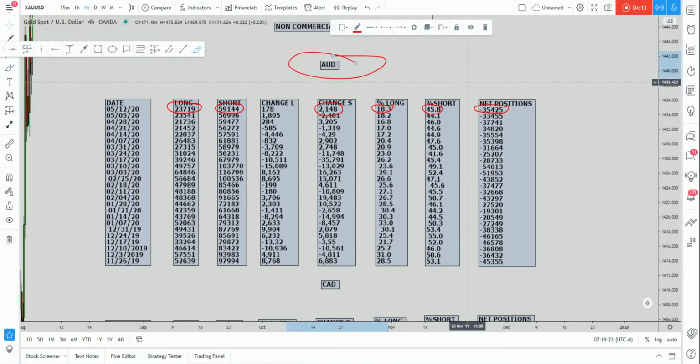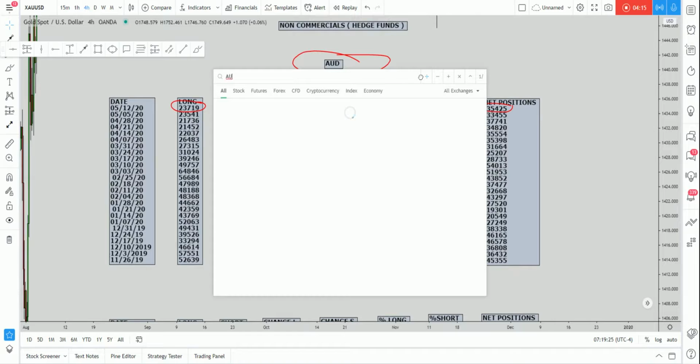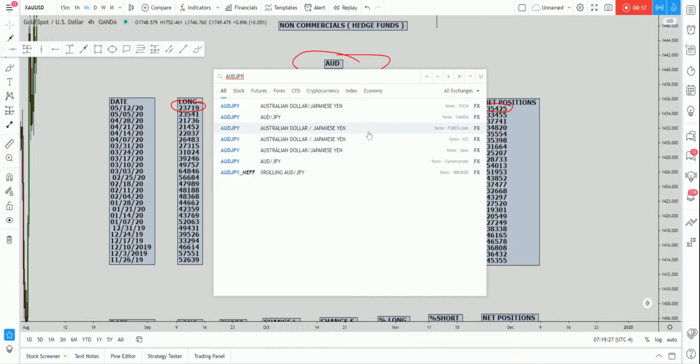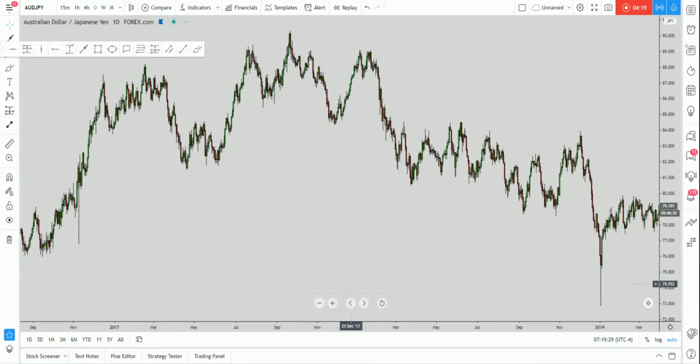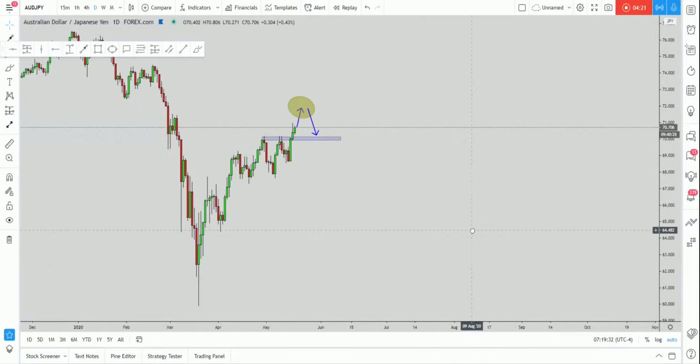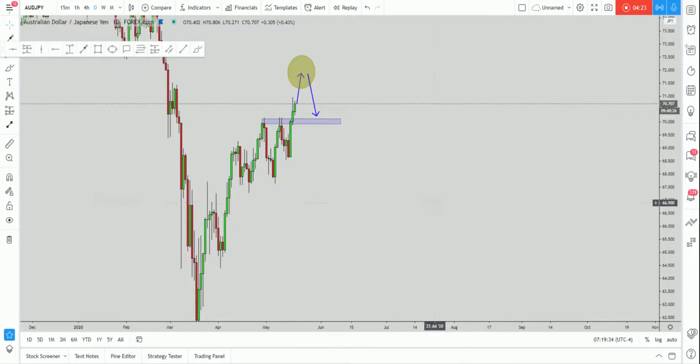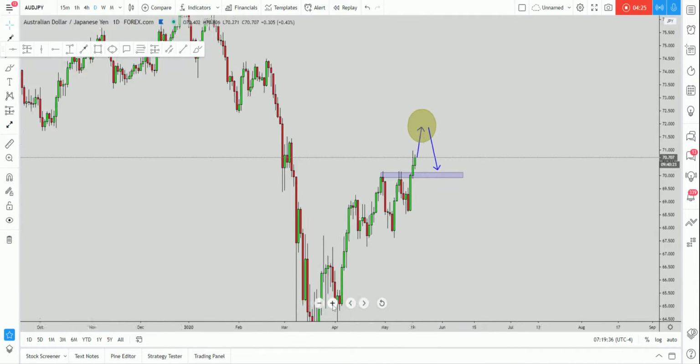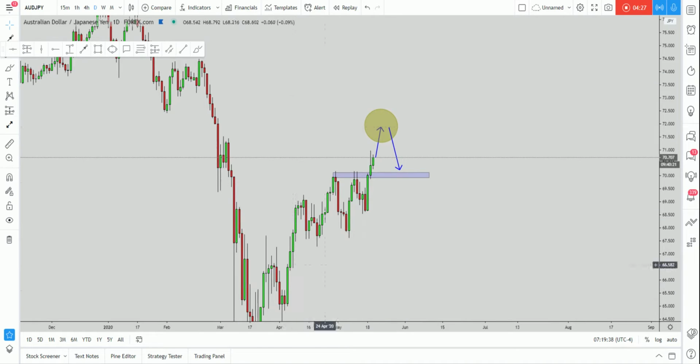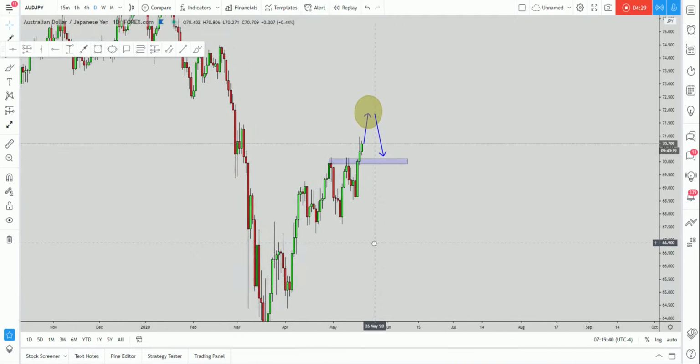So AUD is pretty weak, and anyway, in a situation of uncertainty like the one that we have at the moment, you want to see money flowing into the JPY as a safe haven. Therefore, you want to see JPY getting stronger in the long term, which aligns perfectly with what we want to see from a technical perspective on this pair.